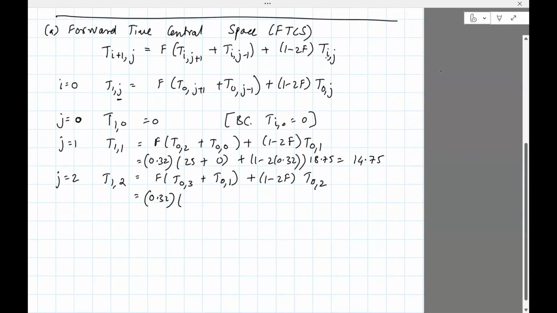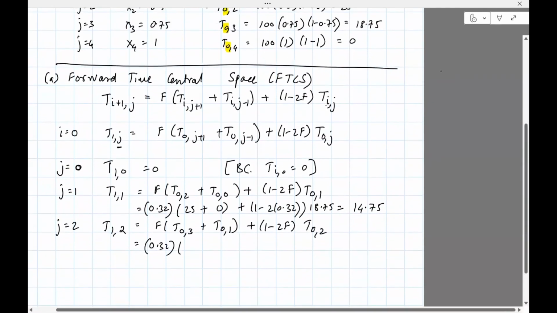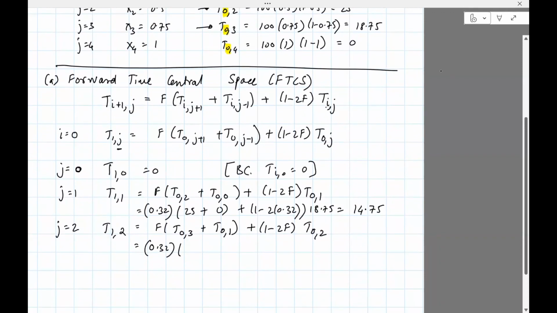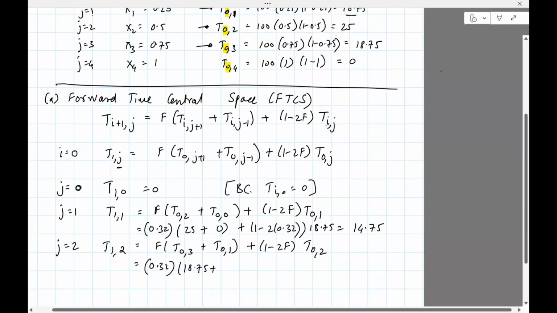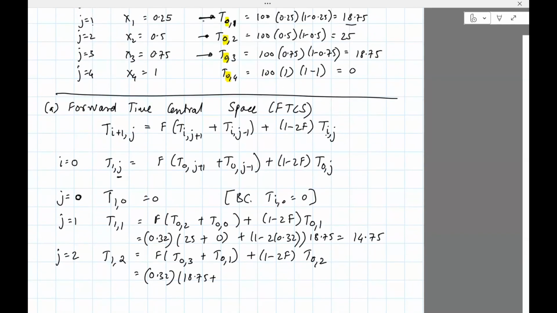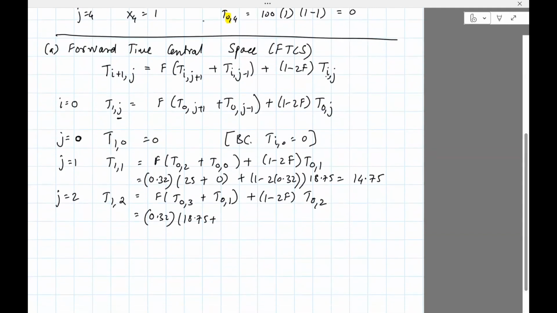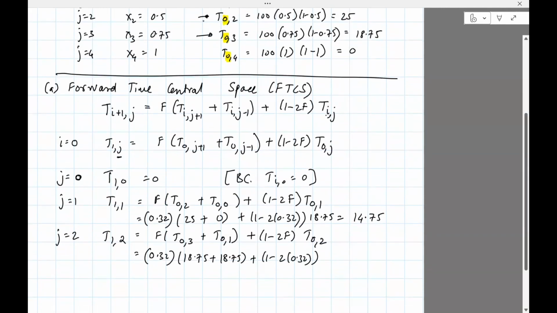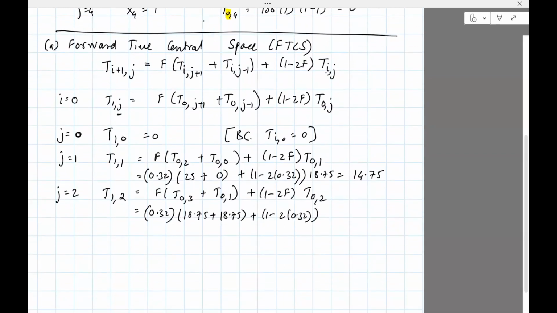So 0.32, T0,3 should be available here. It should be this one, 18.75. T0,1 is here, 18.75, plus 1 minus 2 times 0.32. T0,2 is also available here. It's 25. Okay, so doing this calculation, you get 21.